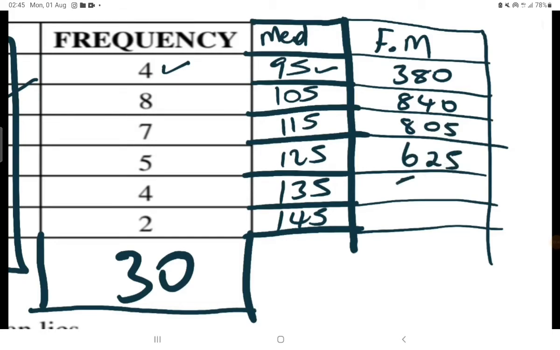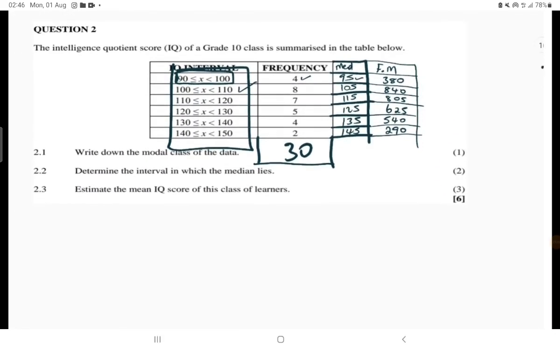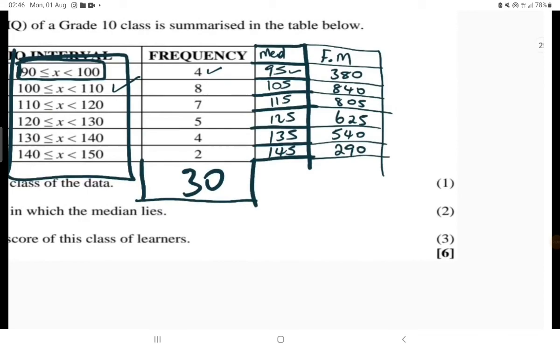Then you will be almost done. After this, we're going to have the sum of frequency times median. The sum of frequency times median is to add this plus that, plus that, plus that, plus that, plus that, to get 3480.